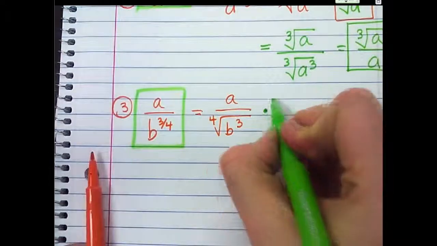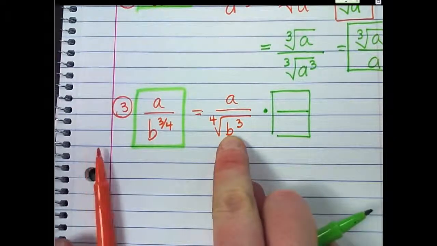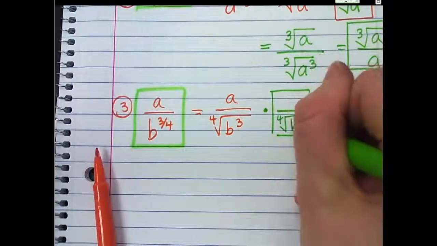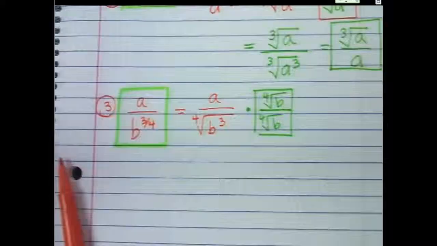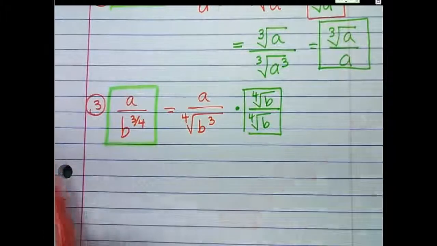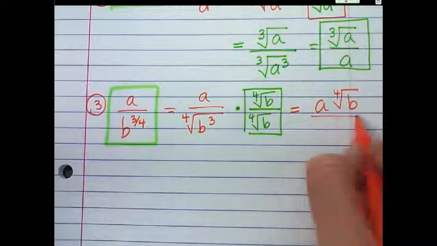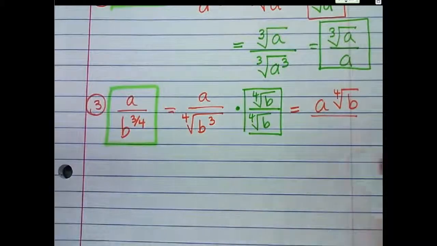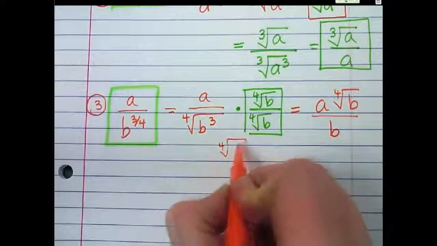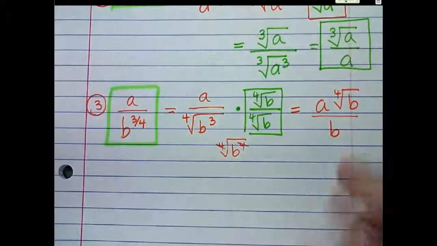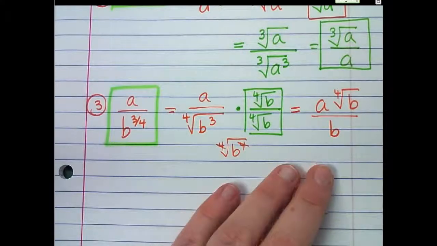So what we did yesterday, what do I need to multiply by to make this have 4? 4th root of b. So multiply across the top. Just a 4th root of b. And what would I get on the bottom? Just b. Because this becomes 4th root of b to the 4th, and the 4's cancel. Can I simplify this? No.